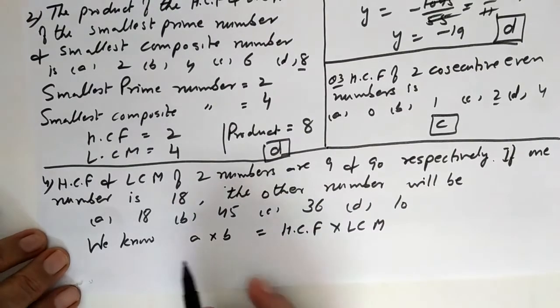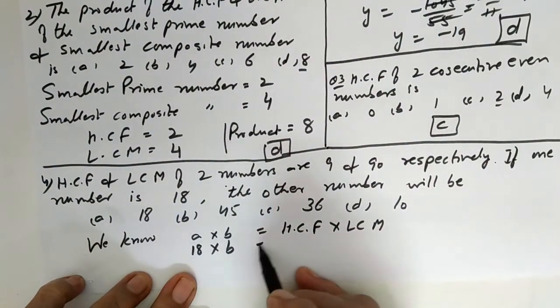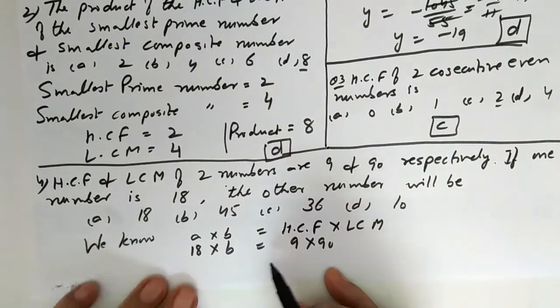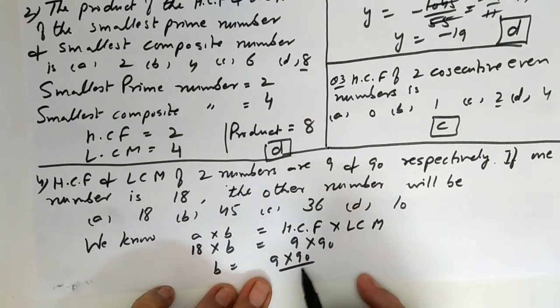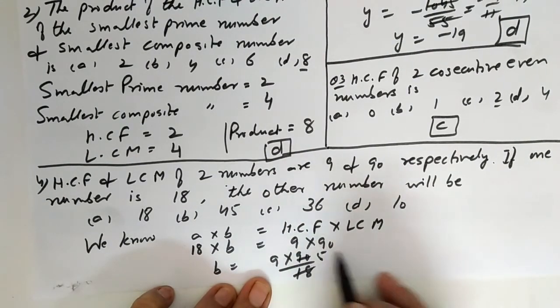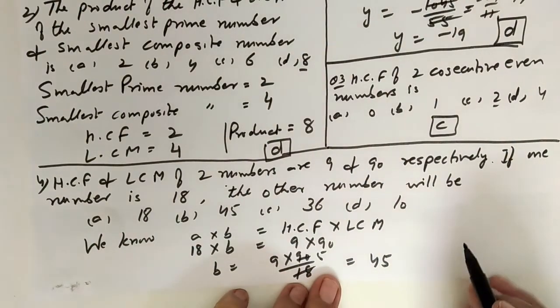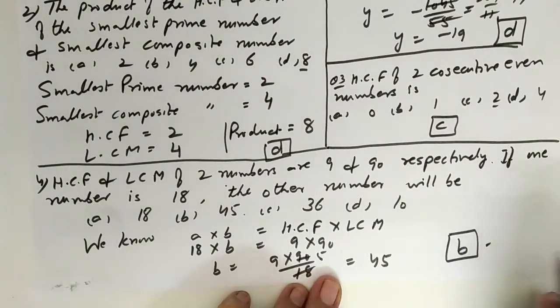One number is 18. So let it be 18 into B is equal to 9 into 90. So B will be 9 into 90 upon 18. 18 5s are, ये हमारे पास आ गया 45. And our choice is B. So B choice is our right answer.